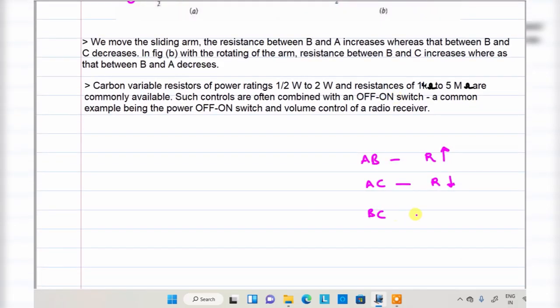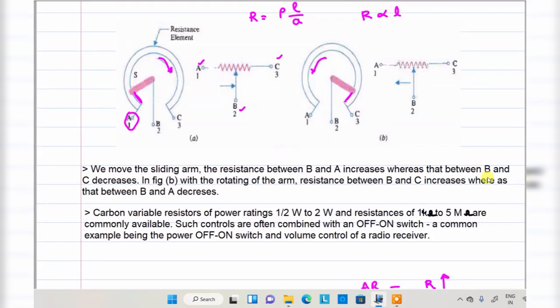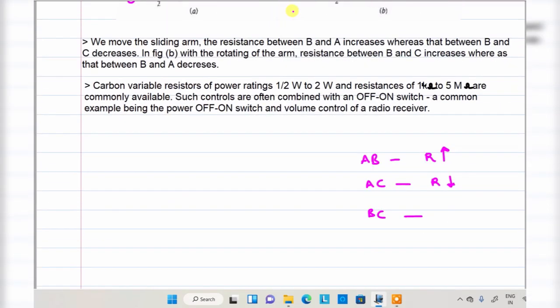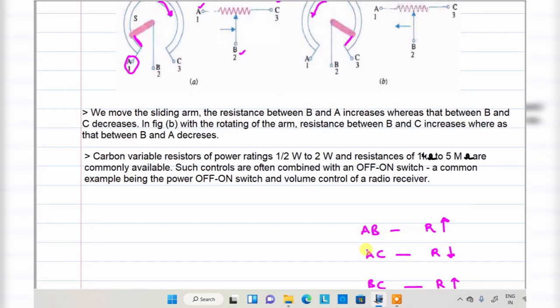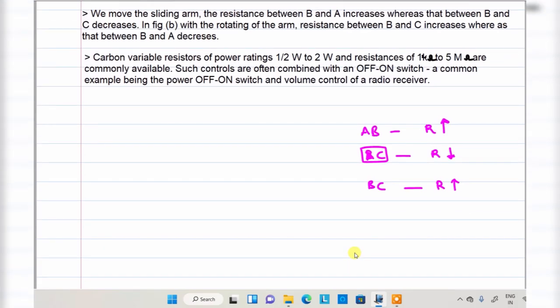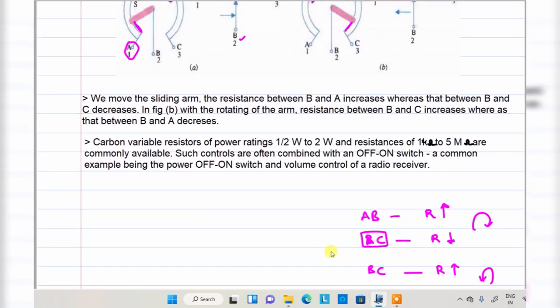So for the B and C resistance, whenever it is moving in the clockwise direction, the B and C resistance increases. I'm sorry, it is B and C, correct it. Okay. What about the E and B resistance? E and B resistance decreases whenever it is a clockwise direction, and increases whenever it is anti-clockwise direction.